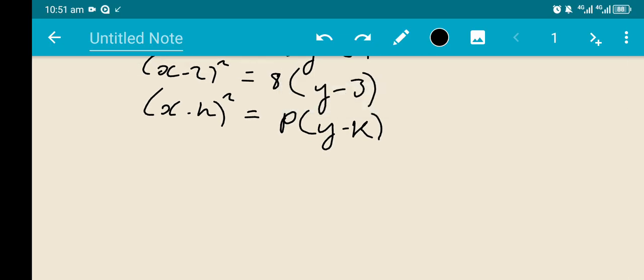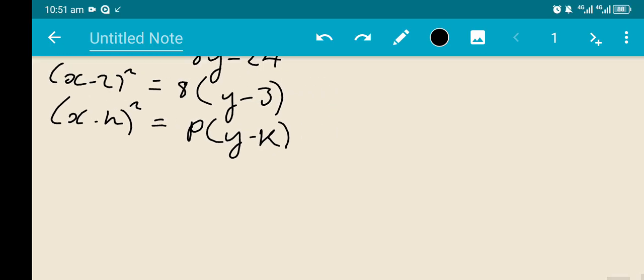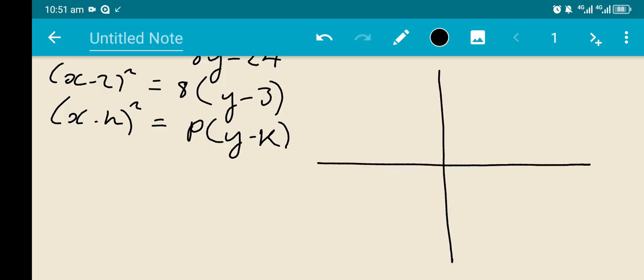So they said determine the vertex, focus, and directrix and sketch a graph of the parabola. Like I mentioned in the previous videos, it becomes very easy for us to do everything should we graph it out. So this here is your xy plane.